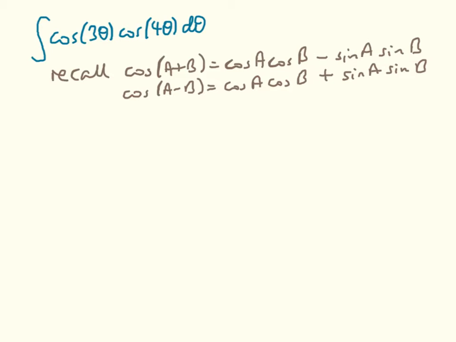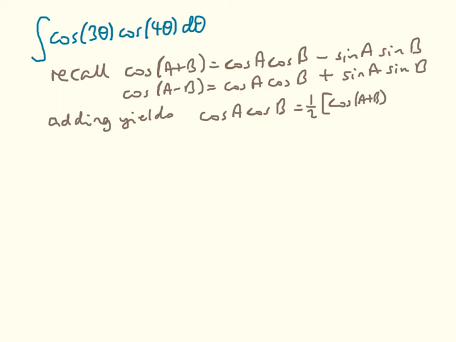And to get rid of the sine times the sine, all we have to do is add these two equations, and they will cancel, and this will double up. So therefore, adding yields that the cosine of a times the cosine of b is going to be 1/2 (cosine of a plus b plus the cosine of a minus b).